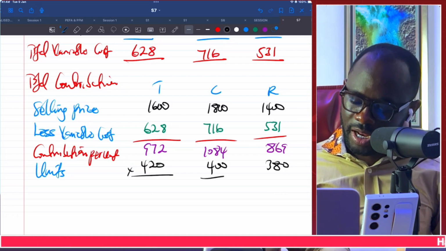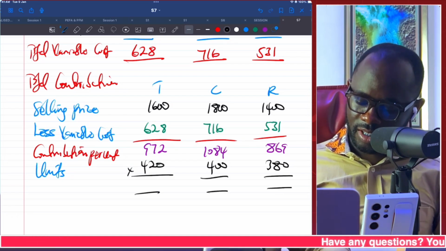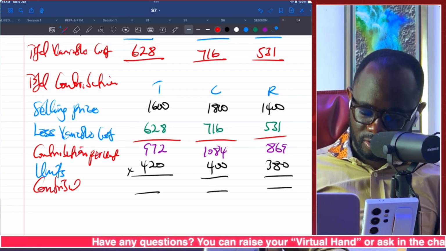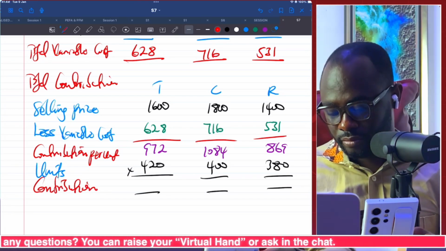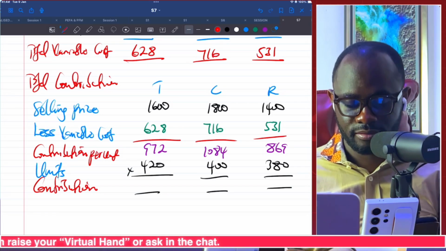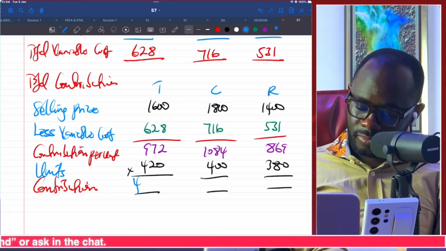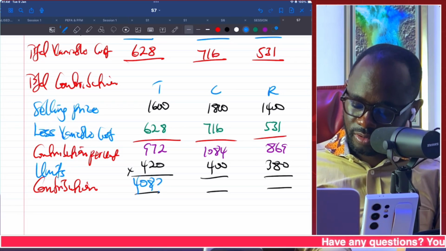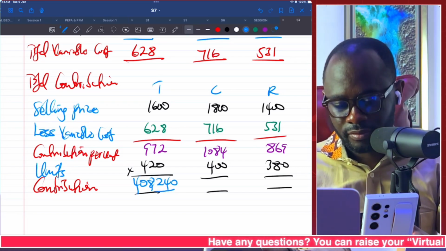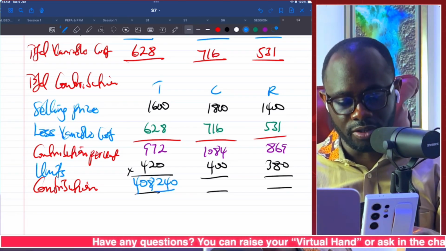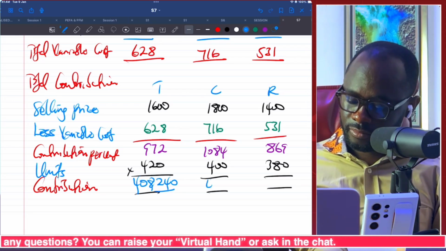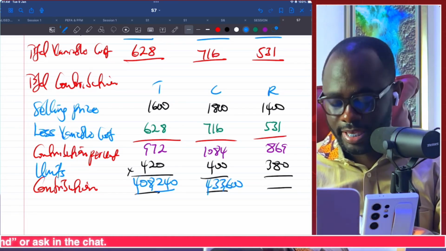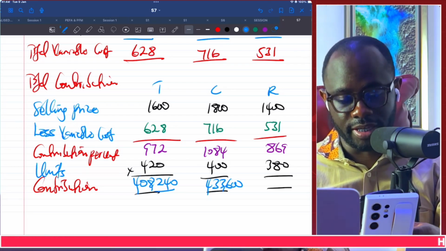And then we multiply these up respectively to give us the contribution. So times 420, 408,240 here. 1,084 times 400, 433,600. 869 by 380.